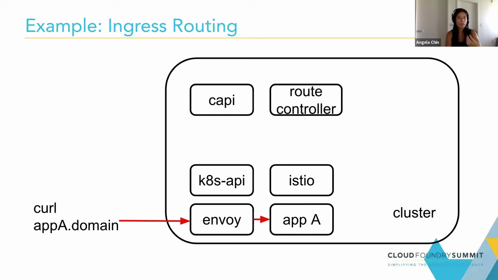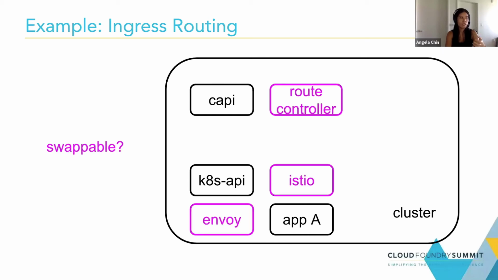Now, in this workflow, we can pinpoint certain components, such as the route controller, Istio, and Envoy, and ask ourselves a very basic question. Could we swap these out for another ingress solution? That is, the route custom resource is the contract between CAPI and any networking team.